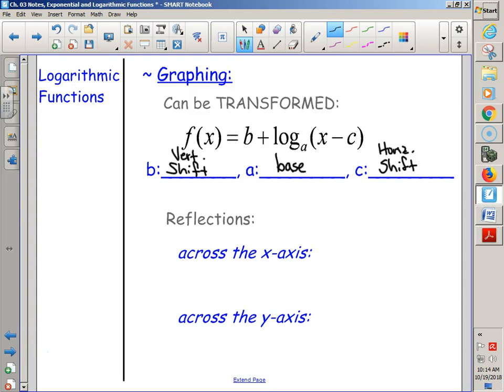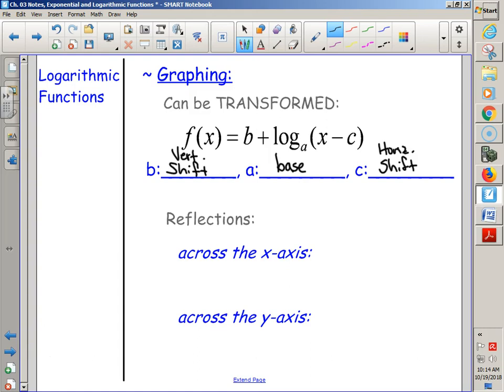If the base gets bigger, you can look at the graph if it helps. Instead of going out 2 or out 4, the more the base increases, what happens to my poor little log graph? Yeah, kind of a horizontal stretch, which ends up doing what to my curve?